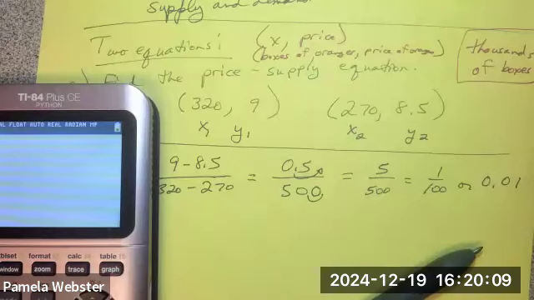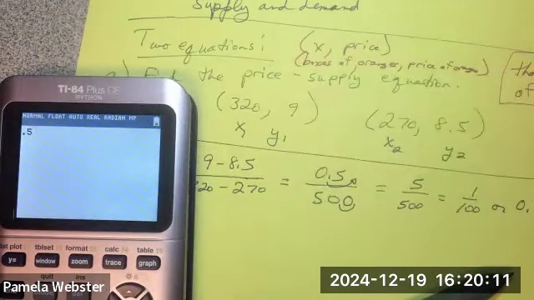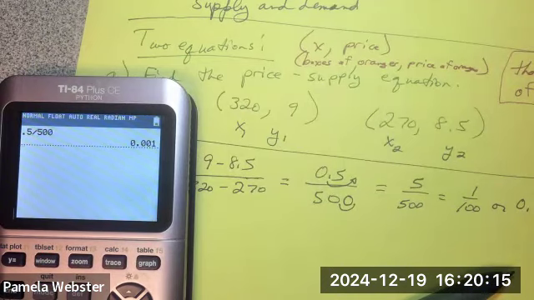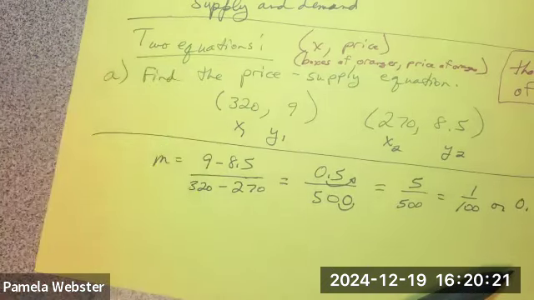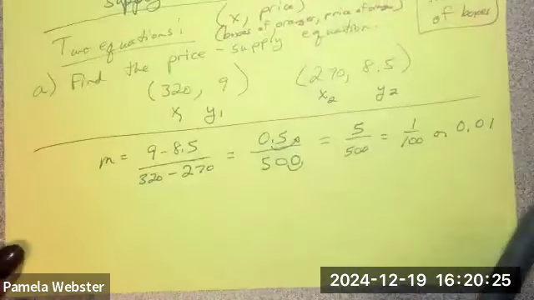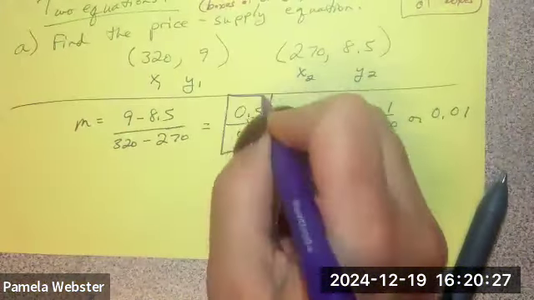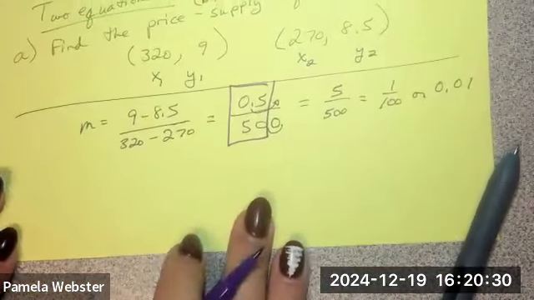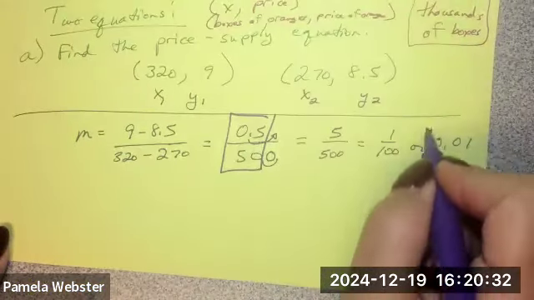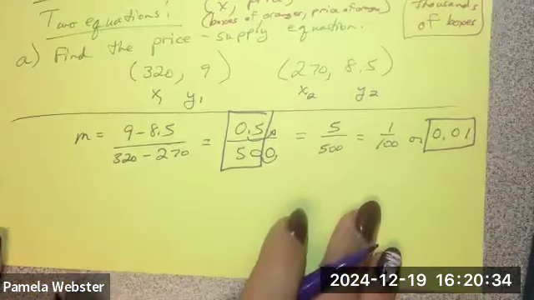Oh, I'm sorry. It was divide by 50. I made it into a 500. Sorry. 0.01. There we go. See, we all make mistakes. So it was originally this guy, and I moved the decimal over 1, right? So it's 0.01. That's my slope.